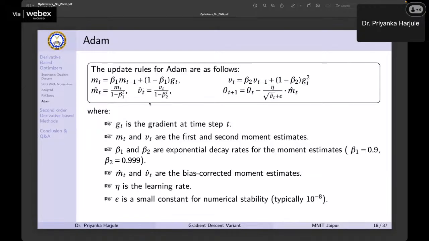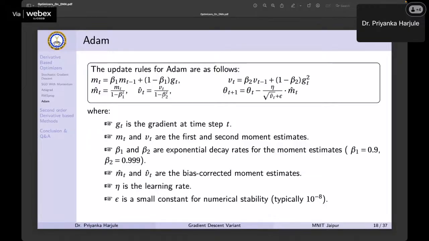If you want the detailed mathematical proof of it, you can find it using the expected value formula, that is, the expected value of MT. Using those formulas, you can find that this is the bias correction factor that you get, that is, 1 minus B1 to the power t, as time goes from t equal to 0 to t equal to t.